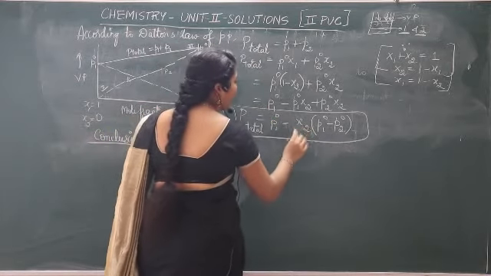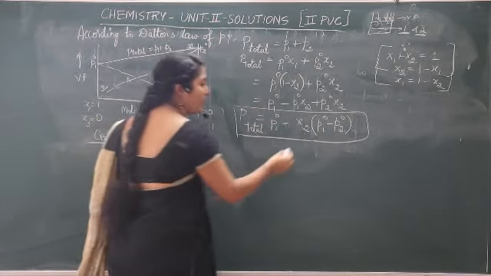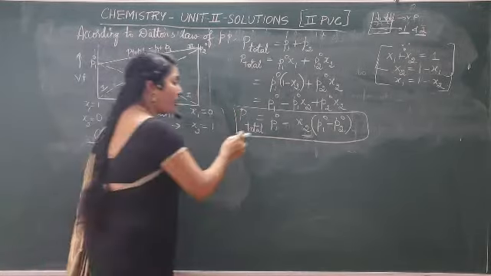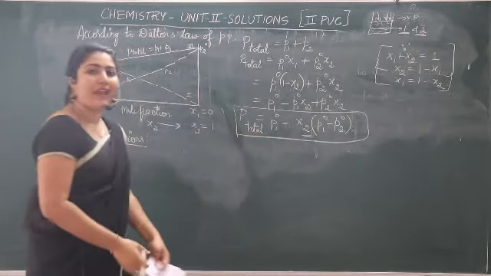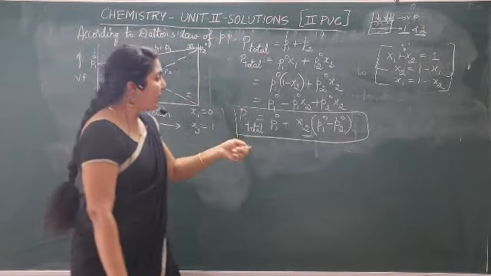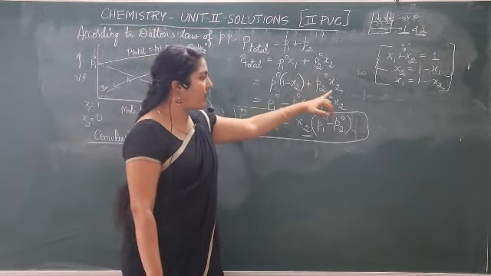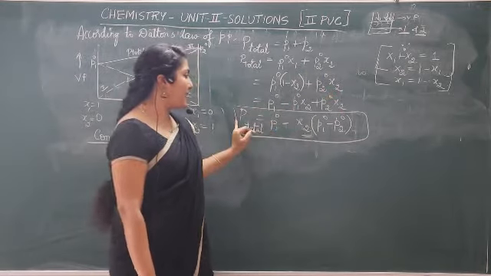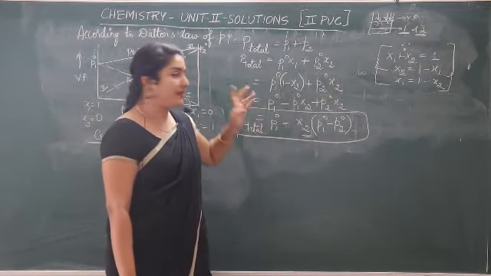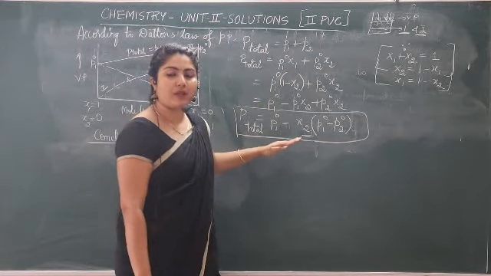See here, which mole fraction do you have? Only of component 2. If I had taken 1 minus x1 here, then this relationship would be related to component 1. That is a conclusion drawn from this particular expression.